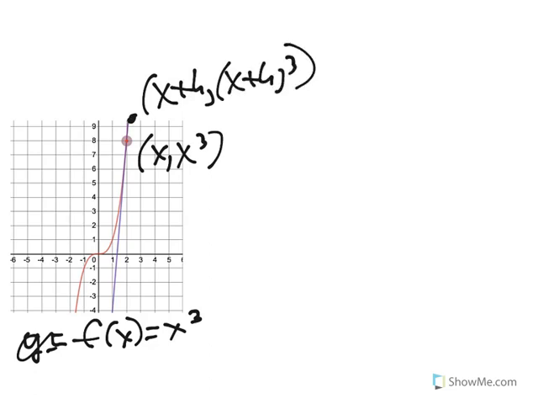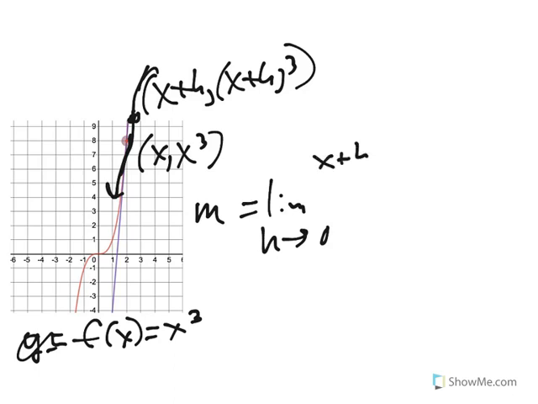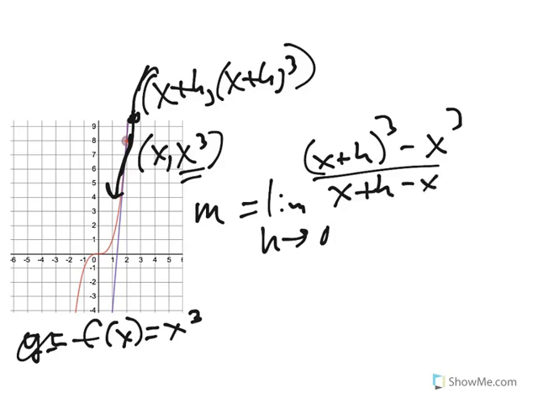And when I do the slope, the slope is going to be the limit as h goes to 0, meaning this second point has got to get really, really close, ultimately close to that first point. And the slope is x plus h cubed minus x cubed, that's the y-coordinate of the second point, over x plus h minus x.